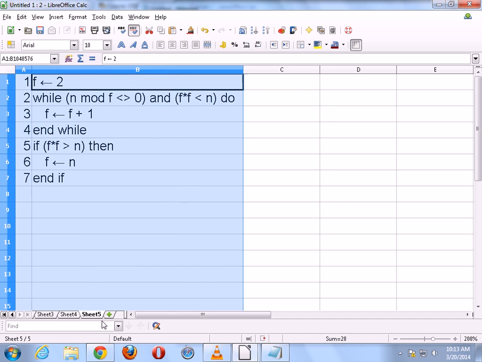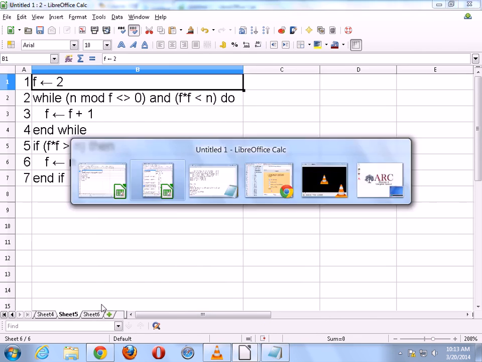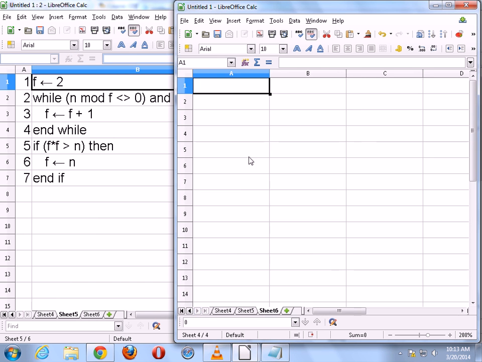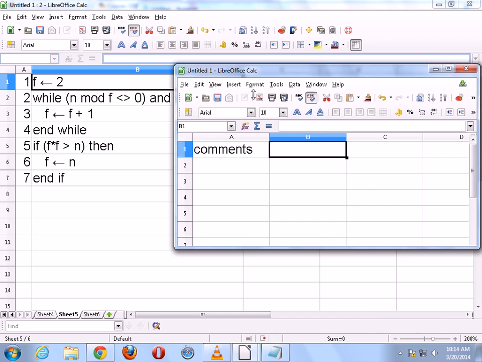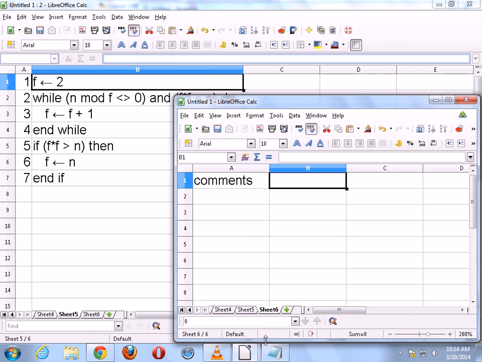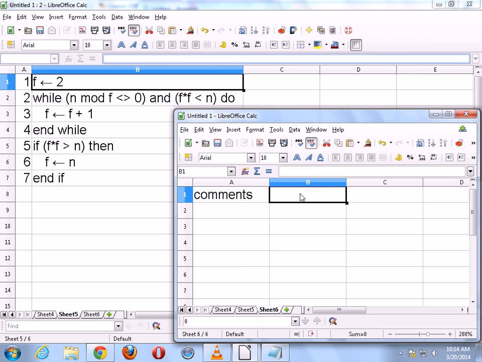And we'll use 17 again for our example, just like before. And we'll add a new sheet and do it over here. This one is going to be a little bit longer because the comments will take up more space, because we do have a longer condition to evaluate in this case.